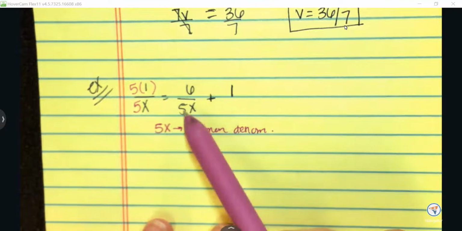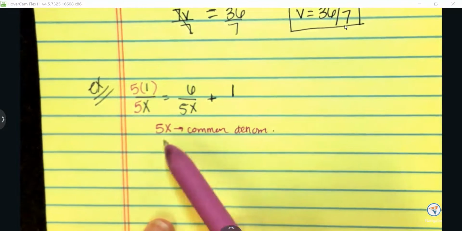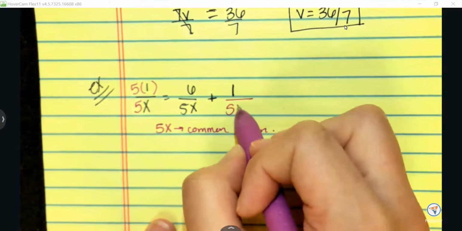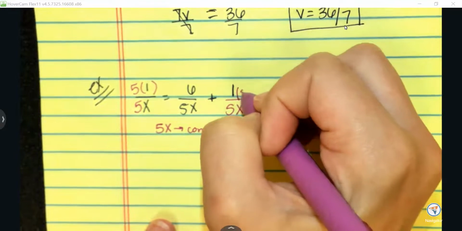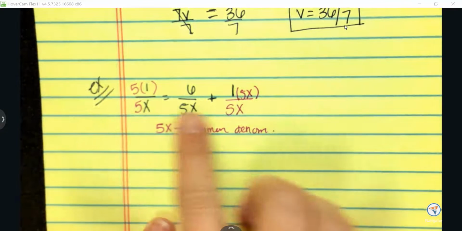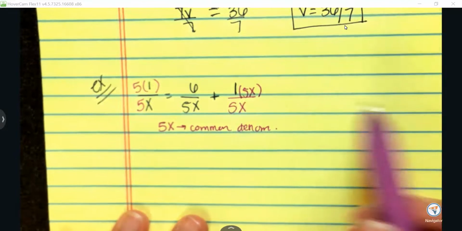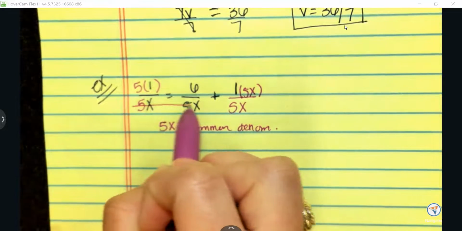No, so it stays. Plus 1, what's my current denominator right here? There's nothing there, so what needs to go there? 5x, and if I put it in the denominator, I put it in the numerator. Do all my denominators say the exact same thing? Yes. So what can happen to them? I can cross them all out.